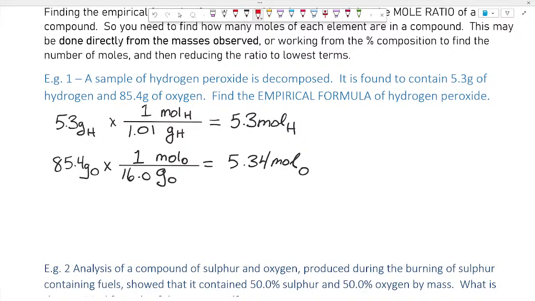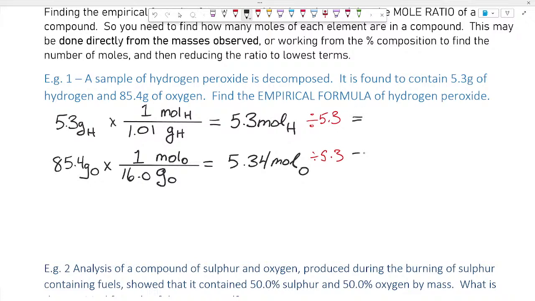And now what would we do to get the mole ratio? I mean, you can probably already see it. Hey, guys, what's the mole ratio? 1 to 1. They're the same. But, so we know how to do it, what's the process here? We divide both numbers by the lowest one. So we're going to divide them both by 5.3. That's going to immediately put us in 2 sig fig land for both of them, right?